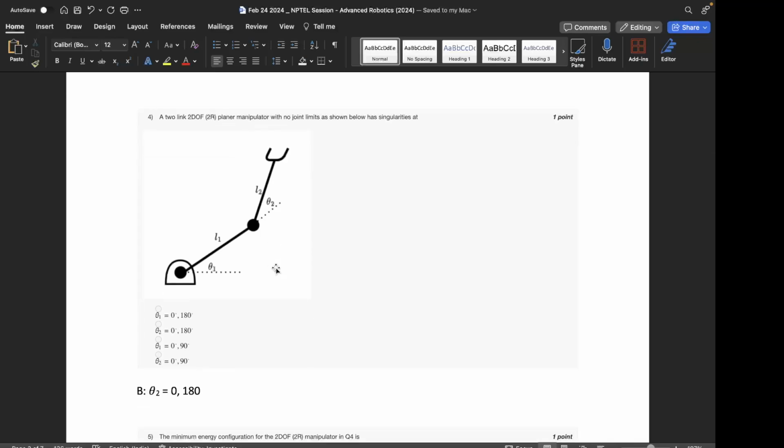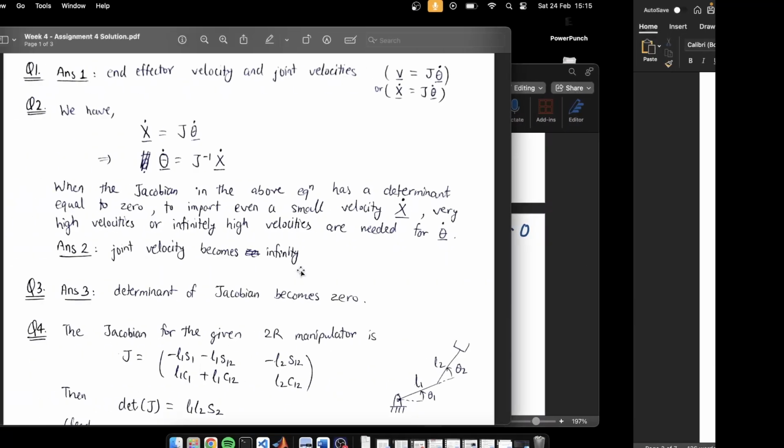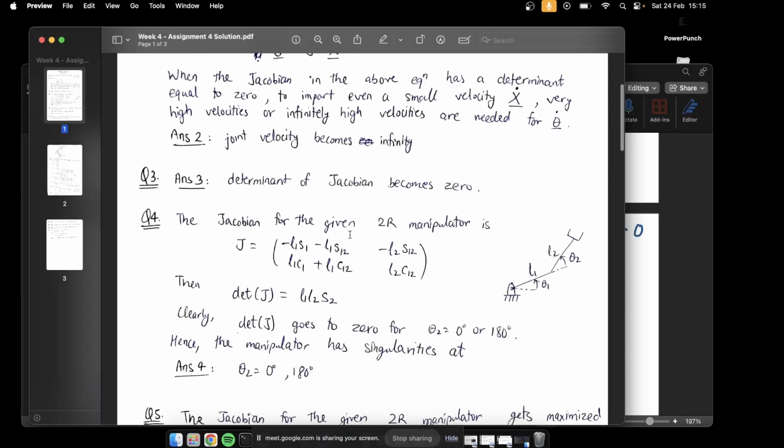This will come again as a question. What, for a 2R manipulator, is the configuration at which the manipulator is singular? The way to approach this type of question is to find the Jacobian matrix. As you see here for question 4, for a 2R manipulator, you would be quite comfortable writing the Jacobian matrix.